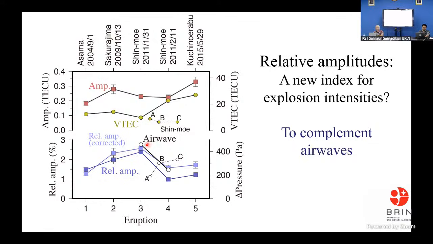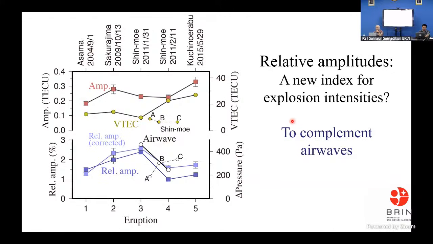For example, eruptions number 3 and 4 are from the same volcano, and they also deployed an infrasound sensor and compared airwave amplitude intensity, and this is very consistent with the relative amplitude ratio between the two eruptions.